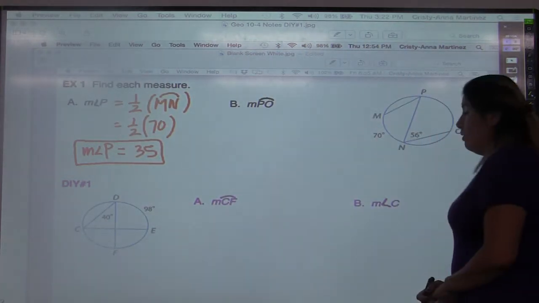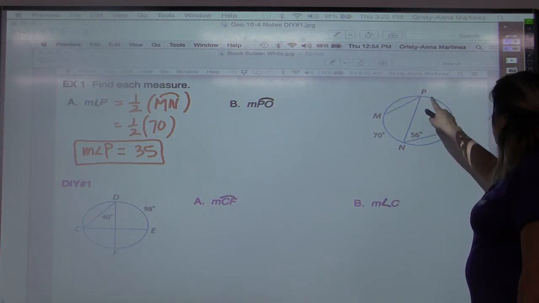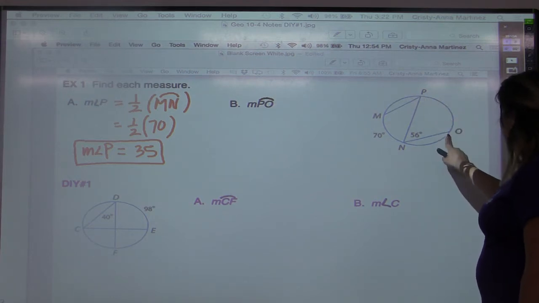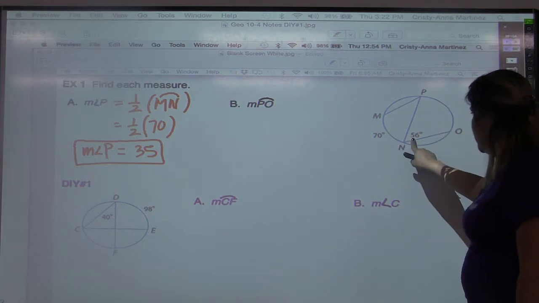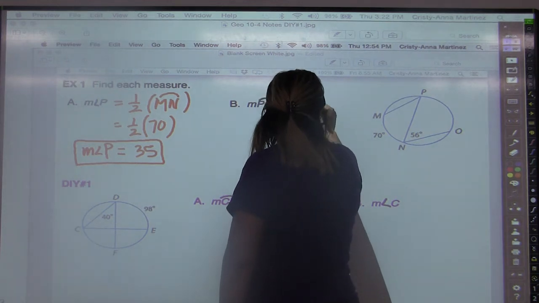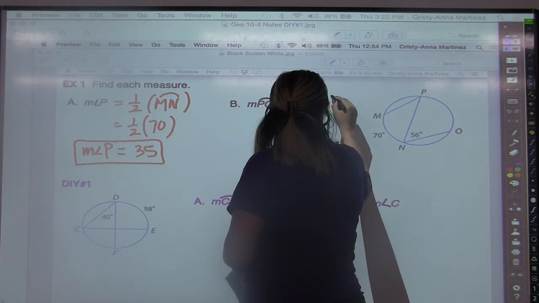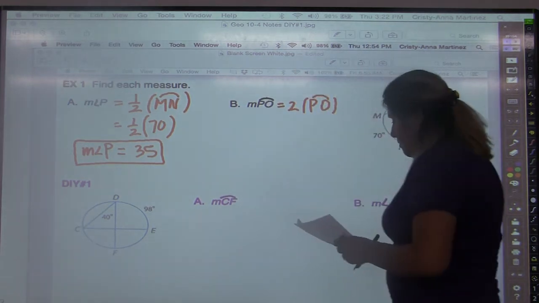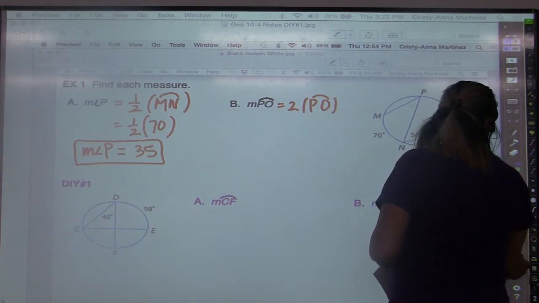They want us to find the measurement of the arc PO. So here's arc PO, and as you can see from the diagram, the intercepted angle has a measure of 56 degrees. So when you go backwards, we say that the arc is twice the measure of the angle. Sorry, I said that right and wrote it wrong.